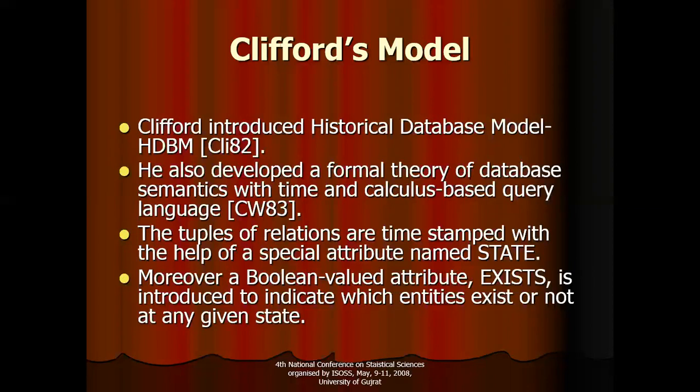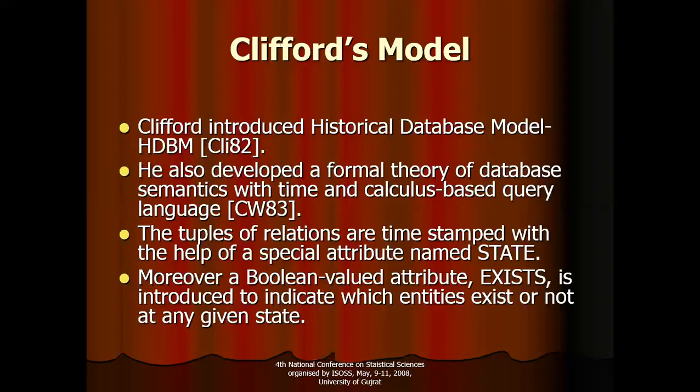Furthermore, apart from the state, he also introduced another attribute called exist, which is a Boolean valued attribute that indicates within the relation whether that particular record or tuple exists or not at a given point in time, at a given particular state.